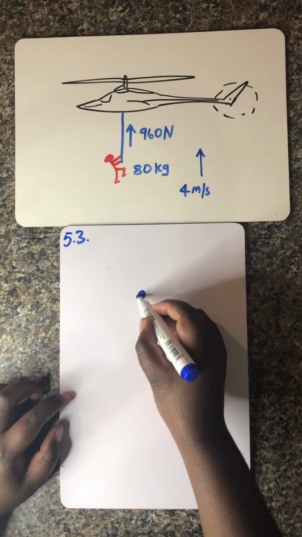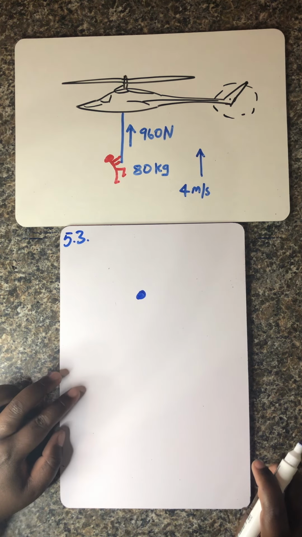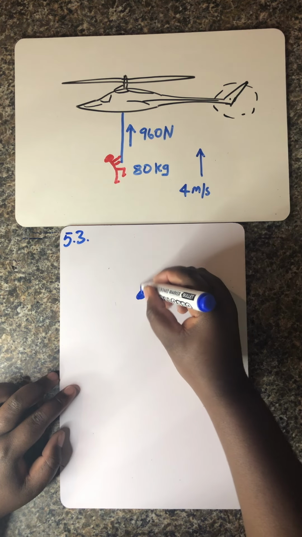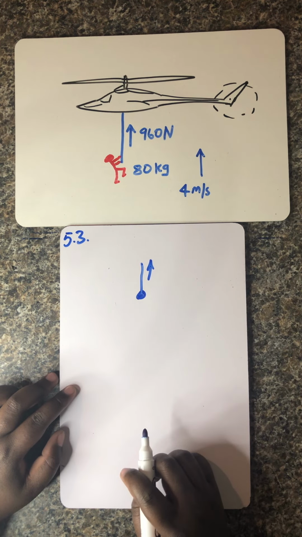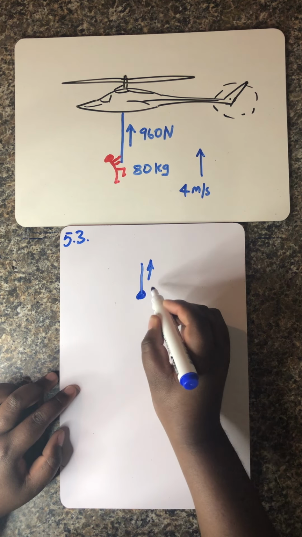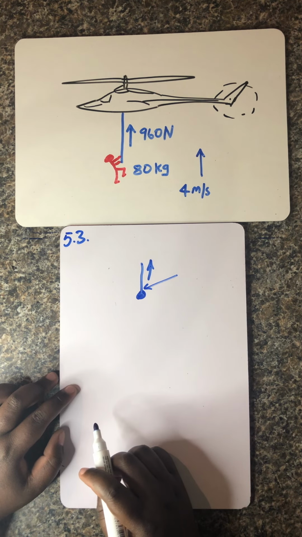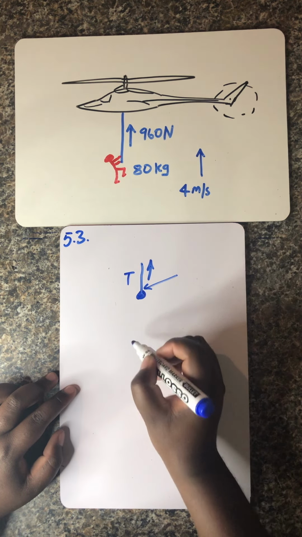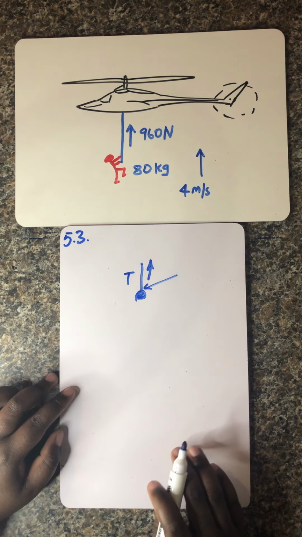This soldier is being pulled upward by that cable. So obviously there's a contact between that force of tension and the soldier. That's what we see there, isn't it?